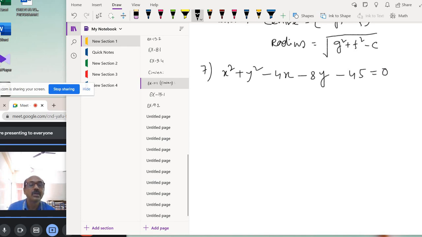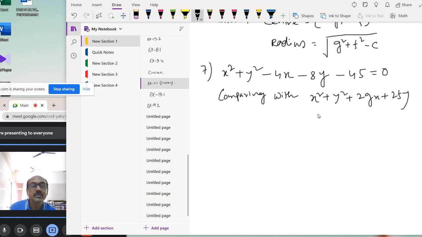So comparing with the general equation, x square plus y square plus 2gx plus 2fy plus c equal to 0, we get g and f. The coefficient of x is minus 4 in the given equation, and in the general equation it is 2g.